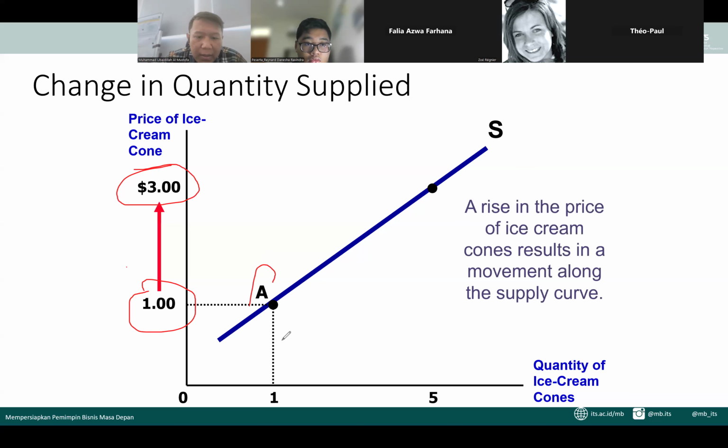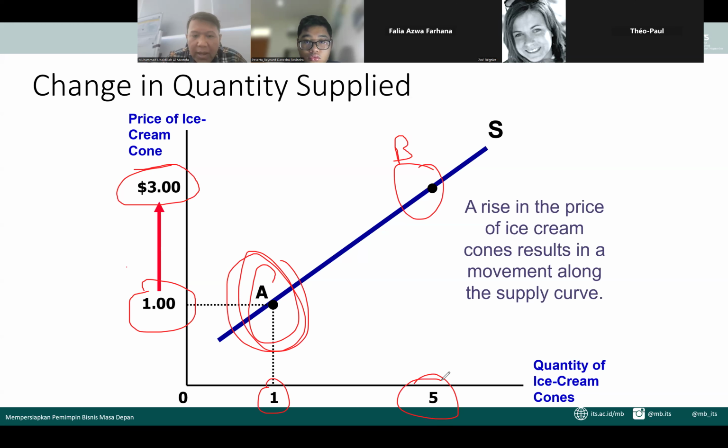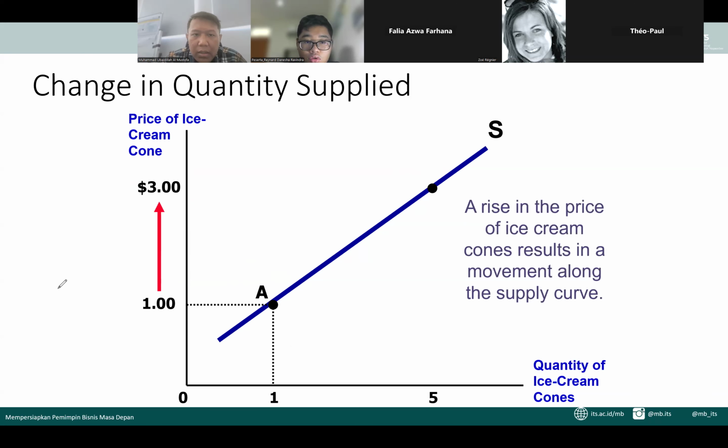You'll see that the supply quantity will move from A to B. So the quantity supplied will increase from 1 to 5, because when the price of ice cream is higher, many sellers are willing to sell ice cream.